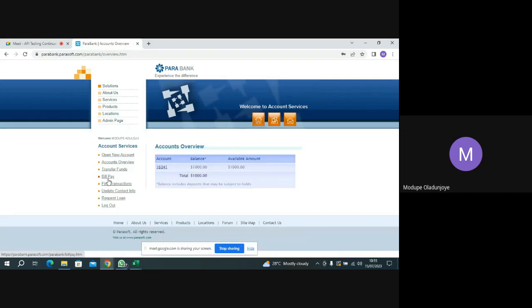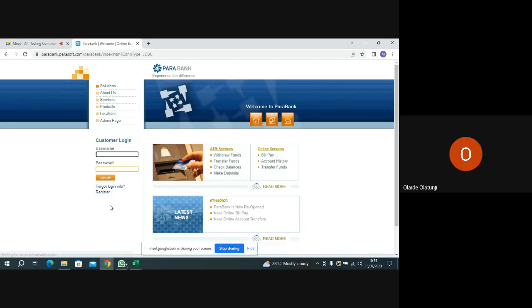Why not? I used the wrong password and it entered. This app is really malfunctioning. Maybe there are bugs. Not that you don't know if they are bugs.